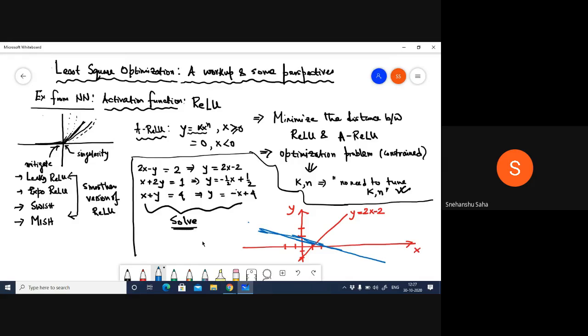So this one is y equal to minus 1 half x plus 1 half, and then there is this one.